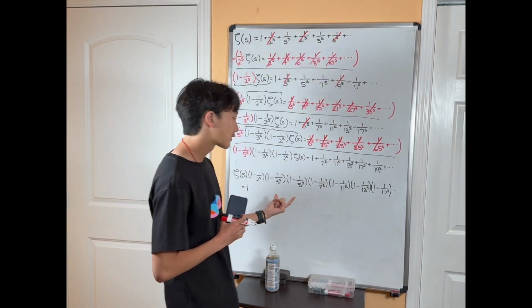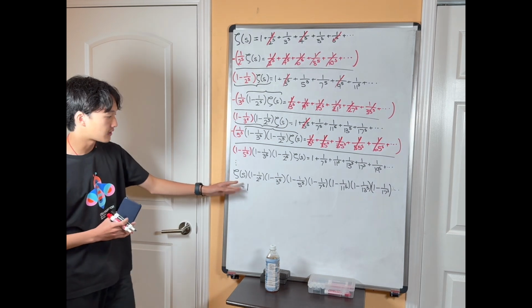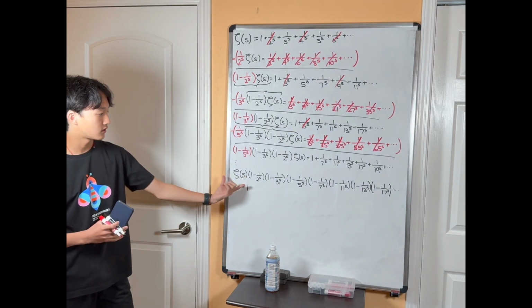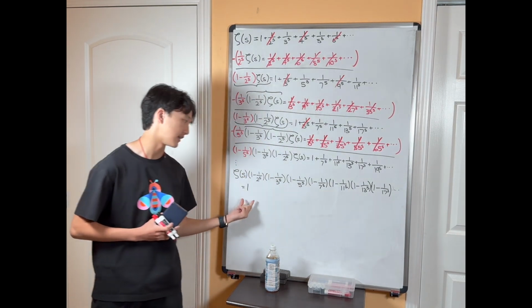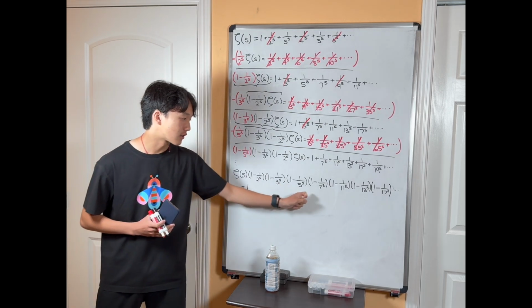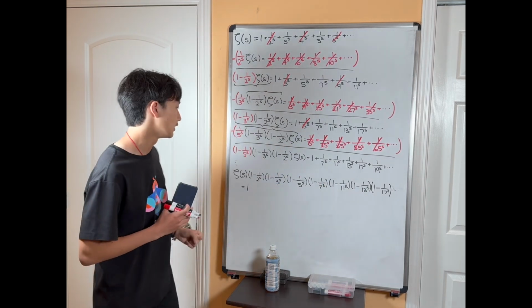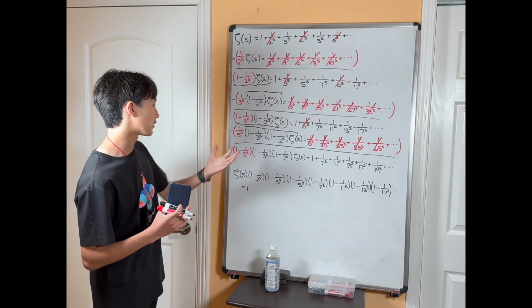So, just like that, we've kind of factored it, right? Now all we need to do is just divide both sides, right? The left-hand side, which is this row, and then the right-hand side, by all of these terms right here. So I'm going to go ahead and do that.